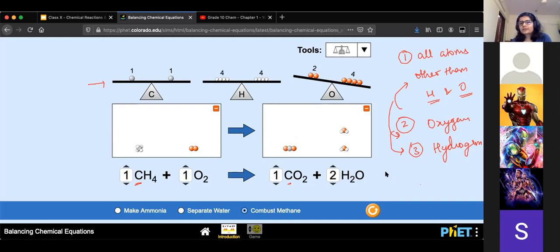So to balance oxygen, what will you do? We will decrease oxygen. Decrease it from where? O2. If O2 is single, I can't decrease it, otherwise this equation will not happen. Oxygen needs to be there for this equation to happen.